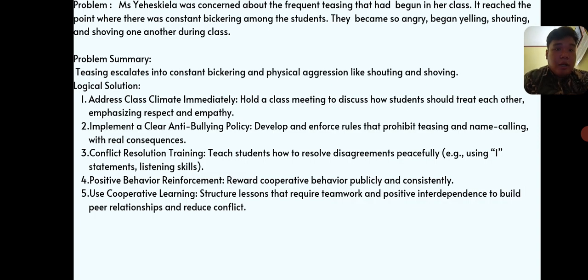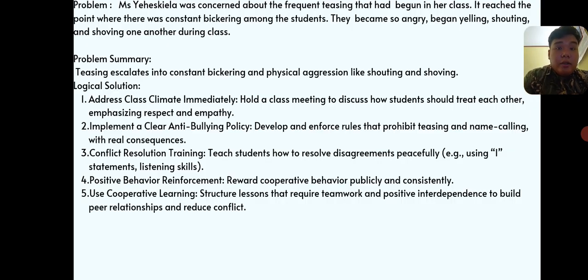Some solutions I gave here are: address the classroom climate immediately. Hold a class meeting to discuss how students should treat each other, emphasizing respect and empathy. Second is to implement a clear anti-bullying policy. Develop and enforce rules that prohibit teasing and name-calling with real consequences.